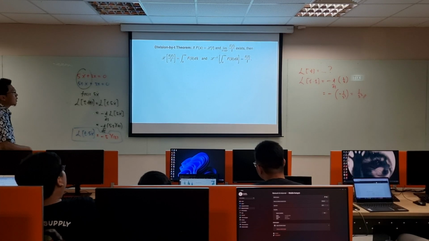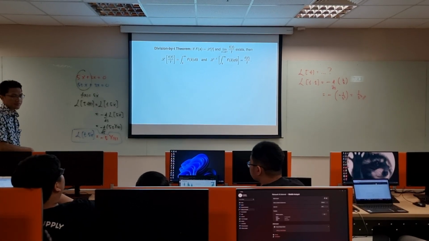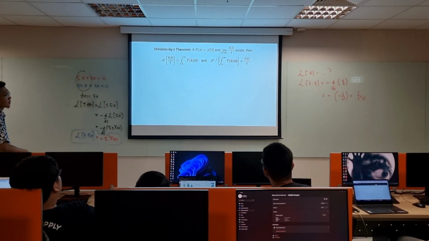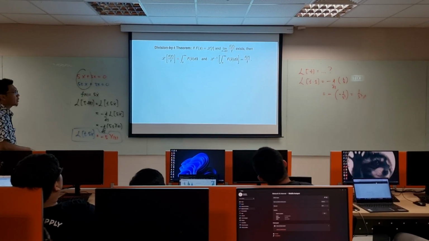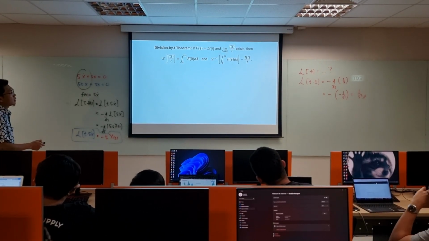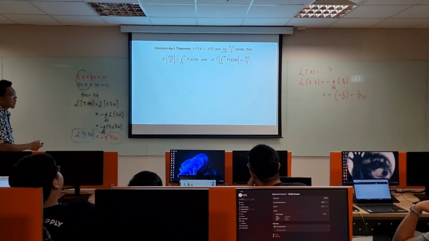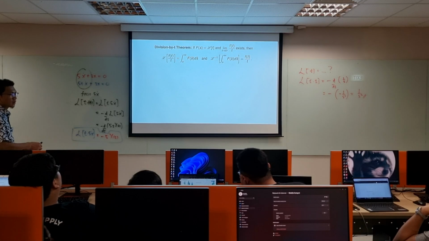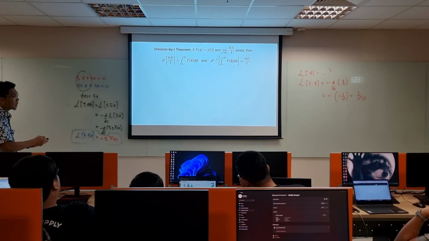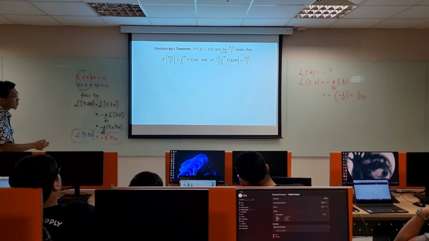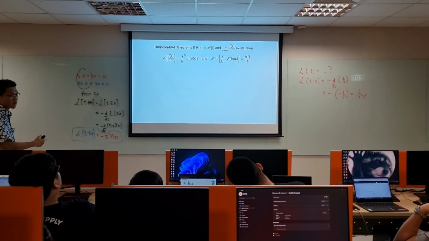Okay, now we see the division by t theorem. The theorem says like this. You have f(t), but if f(t) is divided by t, then the Laplace transform is you integrate F(s).